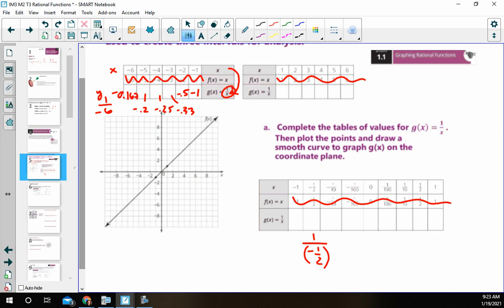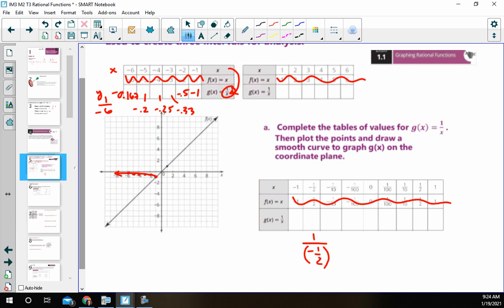So I'm going to do -6 and really close to that. Then -5 is -0.2, so a little bit further away. -4, -0.25, a little further away. All of them should be getting closer and closer to 0 on this side. So there's actually an asymptote that's going to occur there. You're going to get closer and closer to the x-axis.